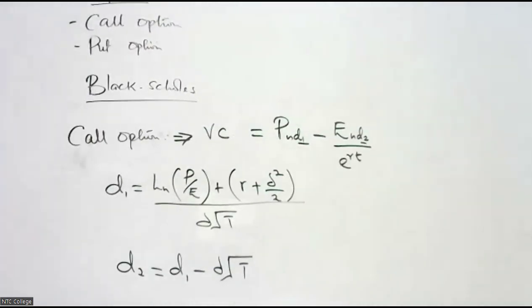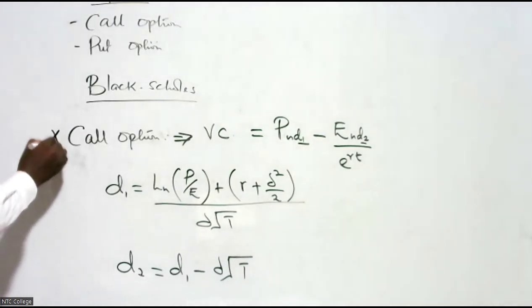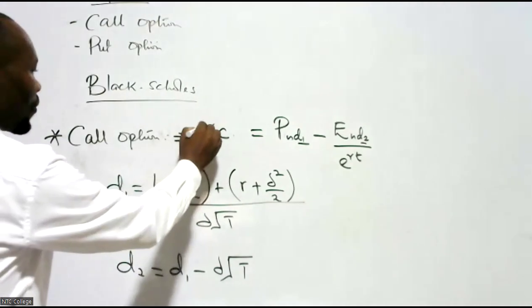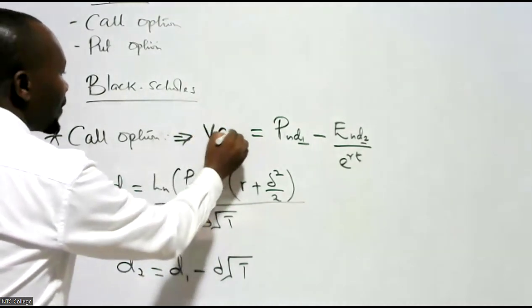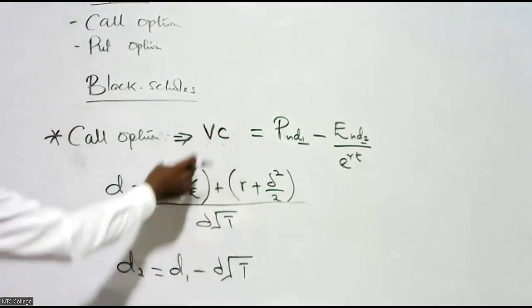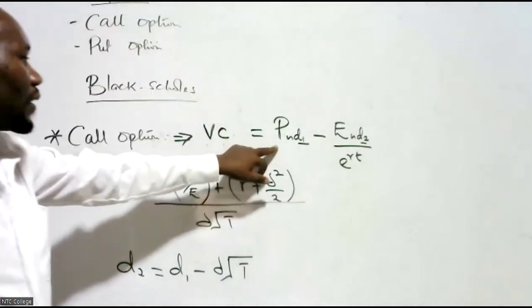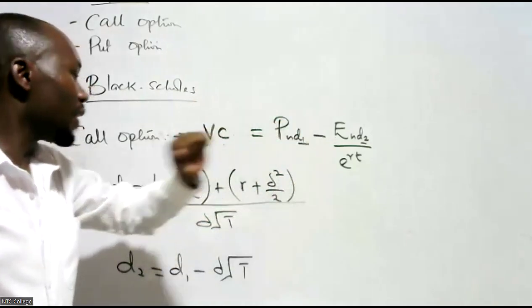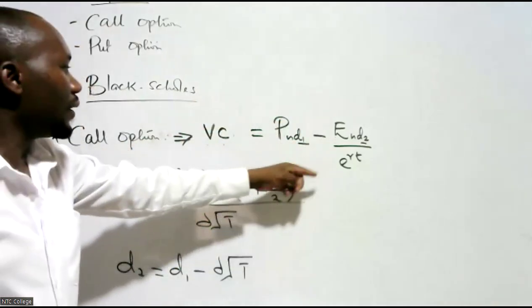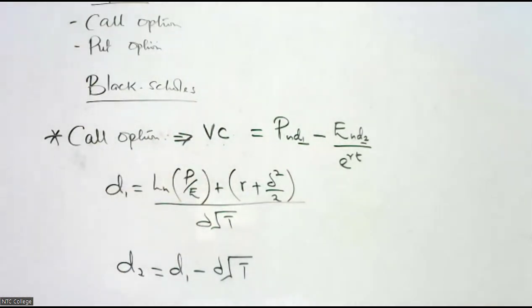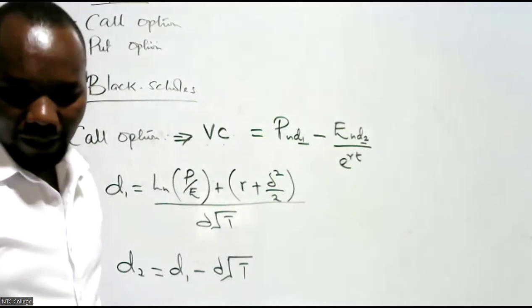Florence, I've written here that this is the call option, and the call option is also called VC, that is the value of call option. And this is the formula. So you need to get the values of d1 and d2, and you'll have to calculate them separately before you join them there.